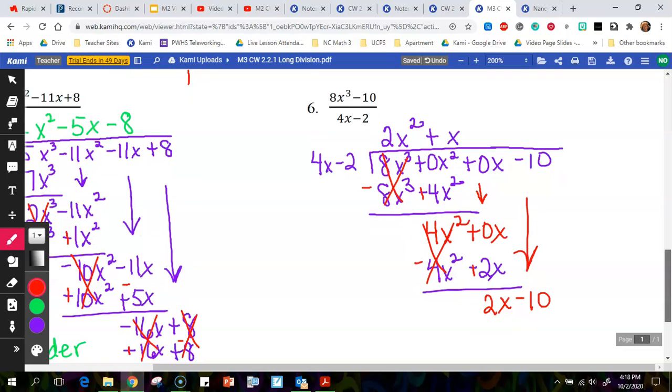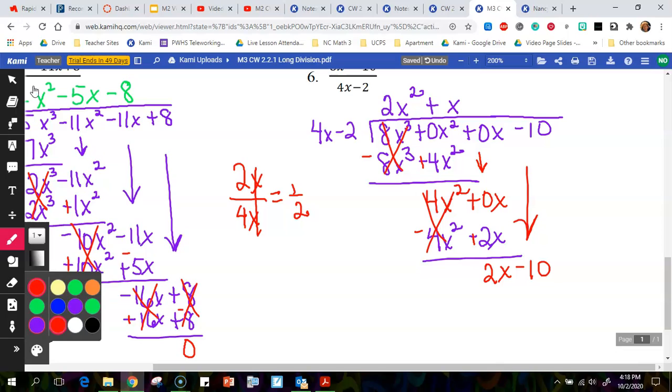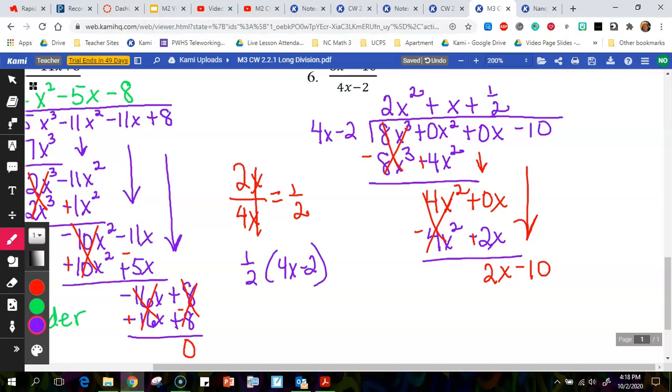Okay, so here's where it gets a little bit tricky. I need to finish this out, and I can divide 2x divided by 4x, okay? The x's cancel. 2 divided by 4 is 1/2, so I could actually finish this out by putting a plus 1/2 here. Now, I need to multiply that 1/2 times the 4x minus 2. 1/2 times 4 is the same thing as 4 divided by 2.